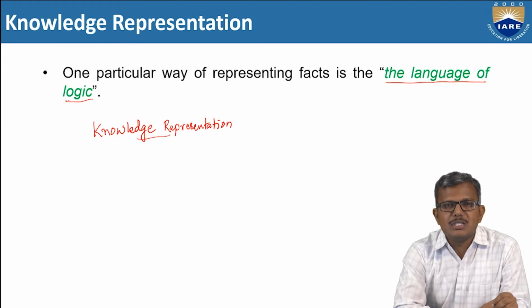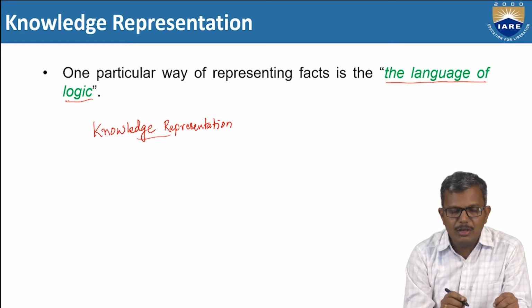So how do we represent the knowledge? Generally, as humans, we take the help of a common language, which is English. Through the English language, we can easily represent knowledge. For example, if today is raining, I can simply represent it with a statement saying that it is raining.